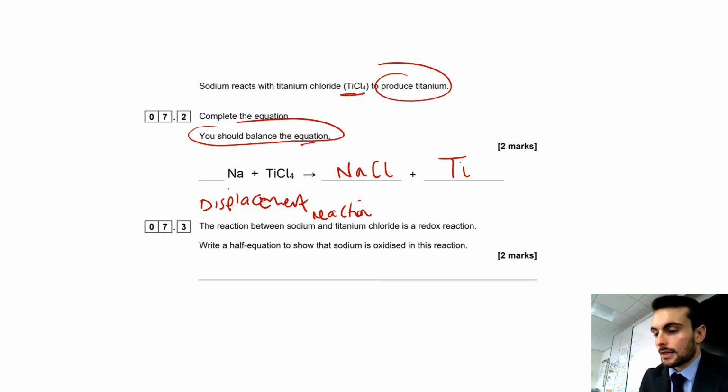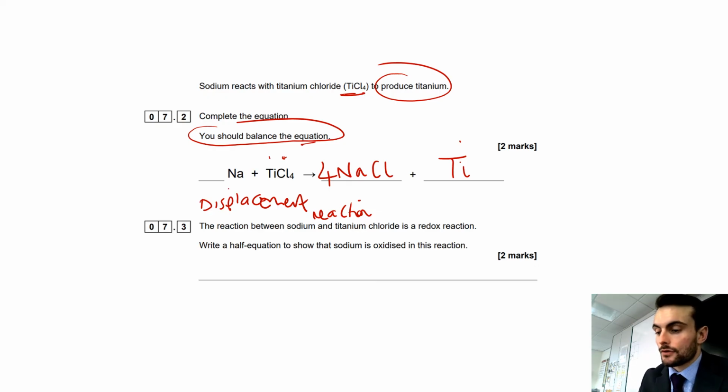So let's have a look at how many of each thing we've got on one side. So we've got 1 titanium here, 1 there. That's fine, but we've got 4 chlorines here, so by definition we're going to have 4 sodium chlorides coming out the other end for now. And then we look to see if it'll work on the other side.